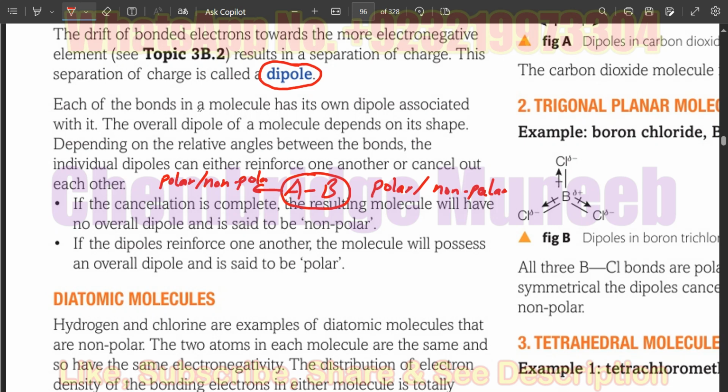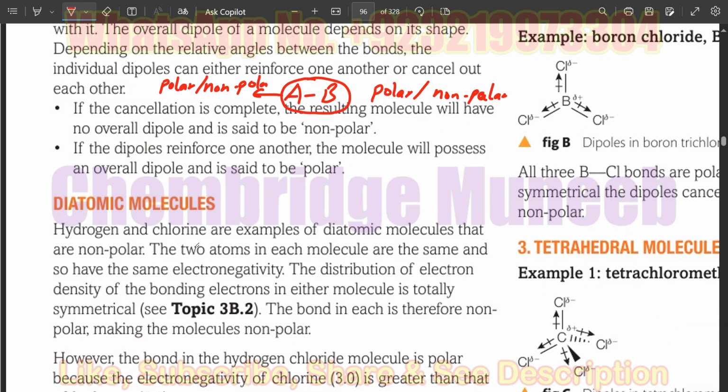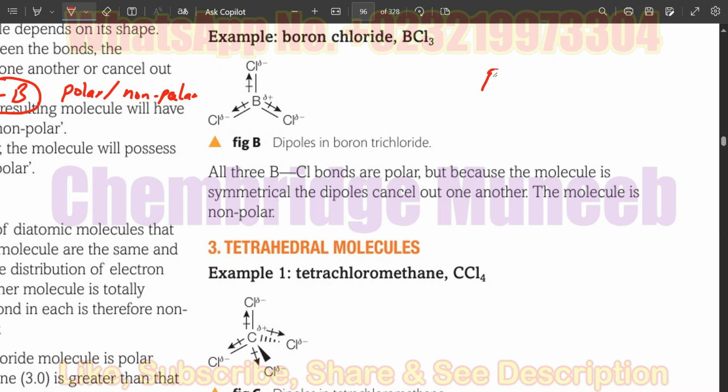We have to determine the polarity of the whole molecule while considering the polarity of the bond as well as the shape of the molecule. Two things will determine the polarity of a molecule.